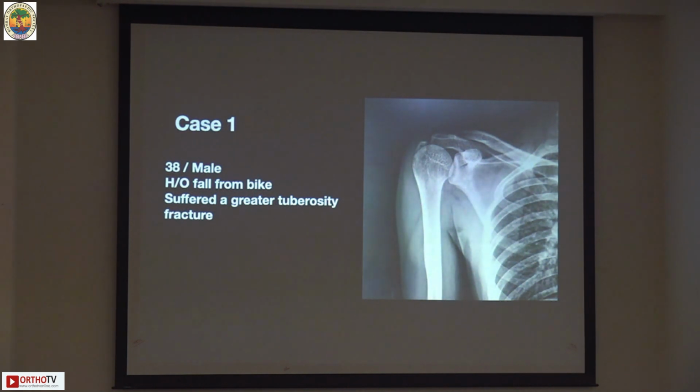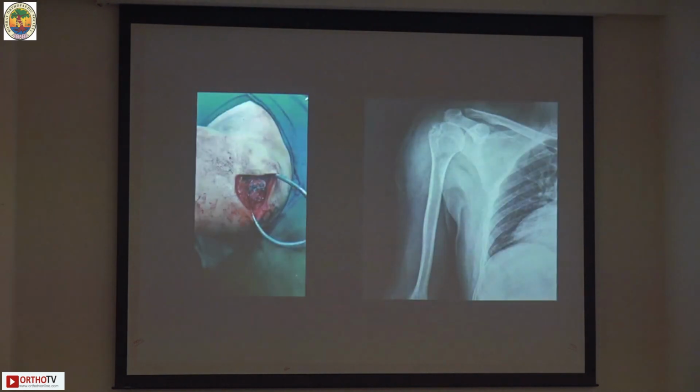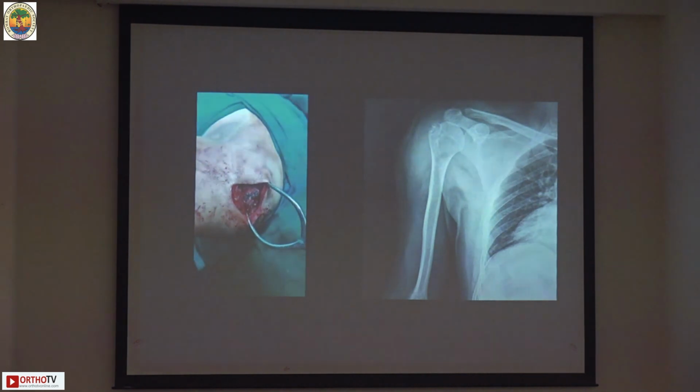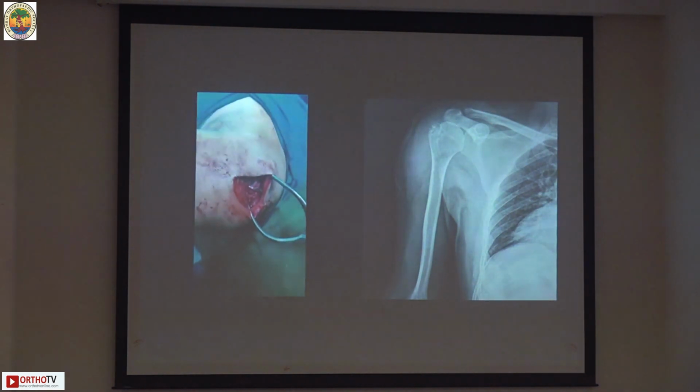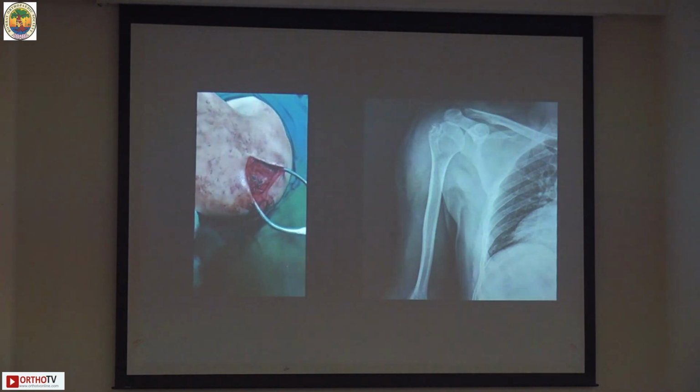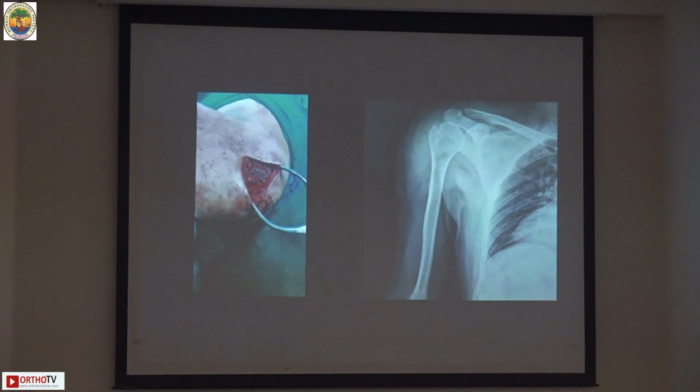It was only a sliver of bone that was there. As arthroscopic takes longer duration, even though it's simpler to do, I went about doing just a trans-osseous suturing technique. That's the sutures that were there. I used a lateral approach for fixation, and that was the post-op X-ray.